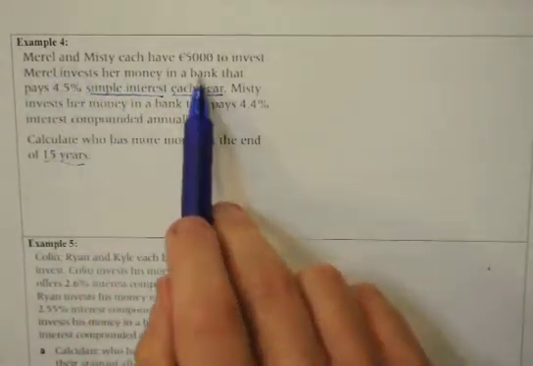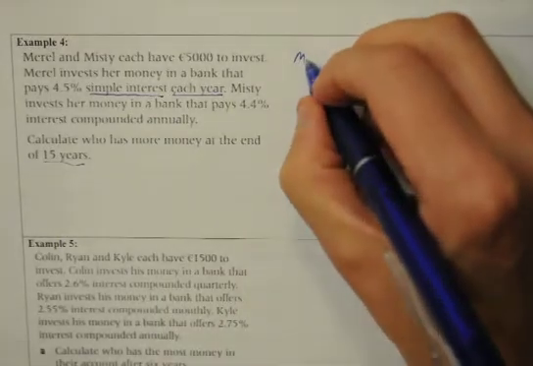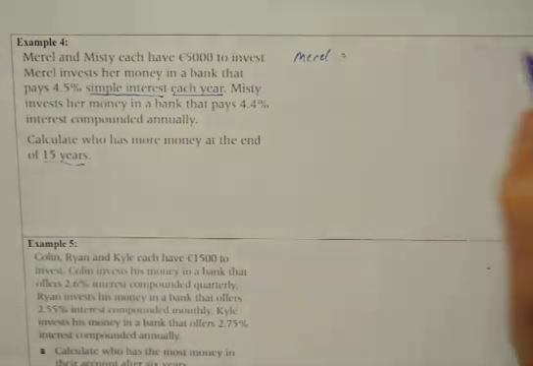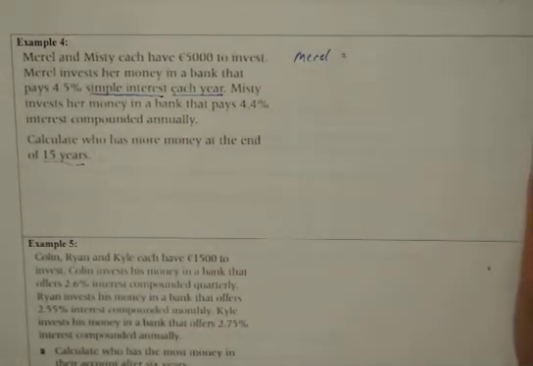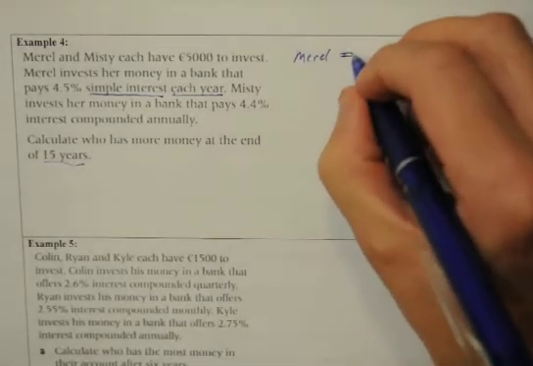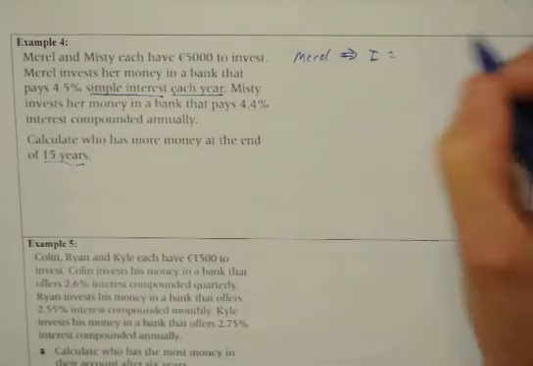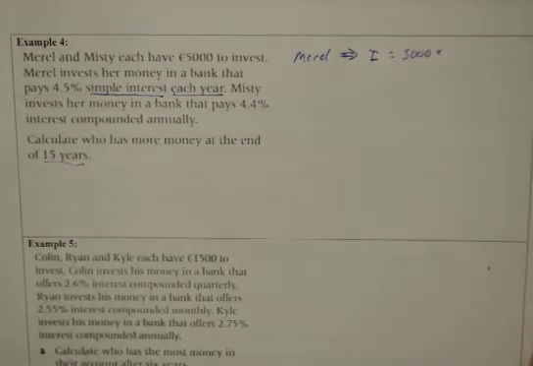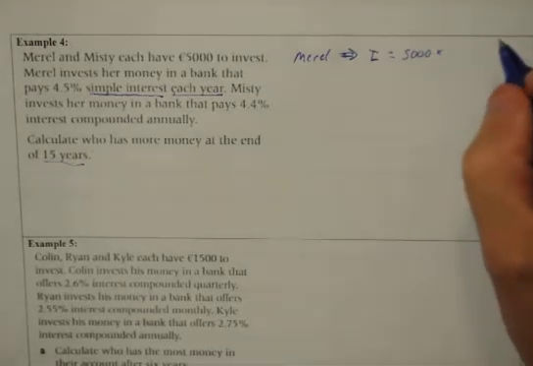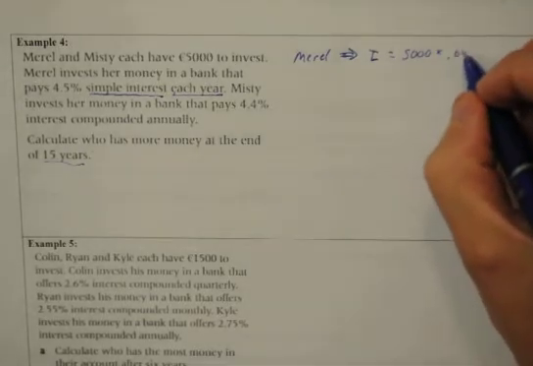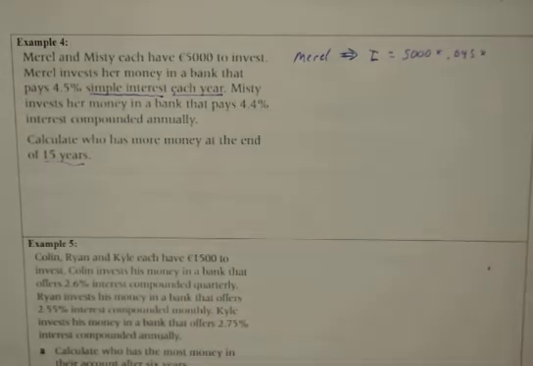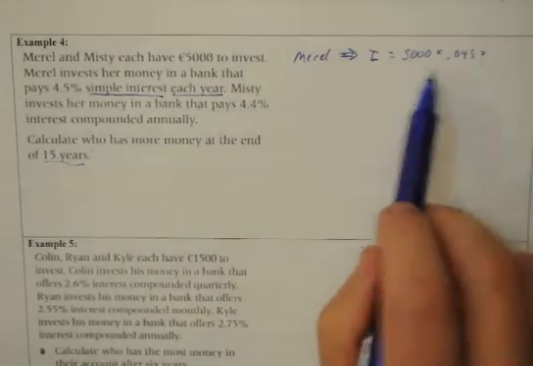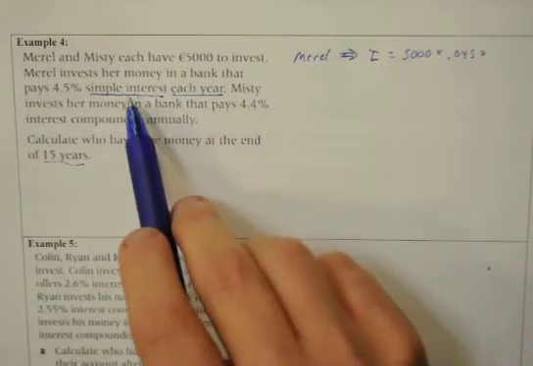So for Meryl, her interest we can figure out using the formula. The capital is $5,000, the rate is 0.045, and what's next?